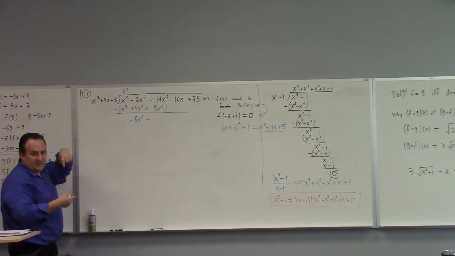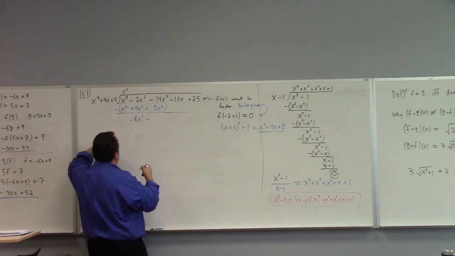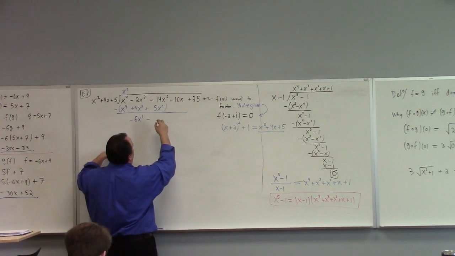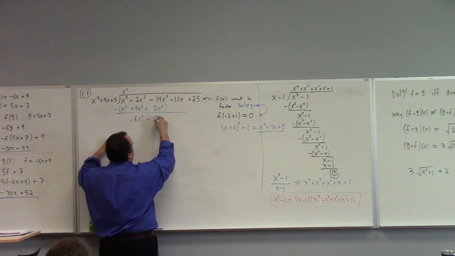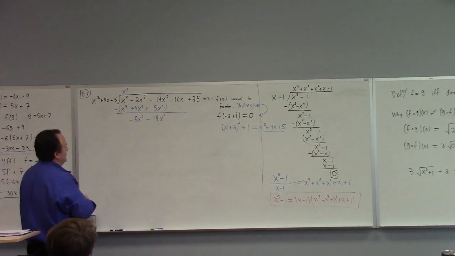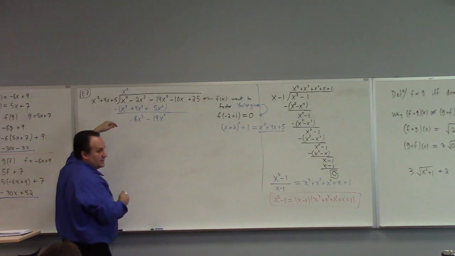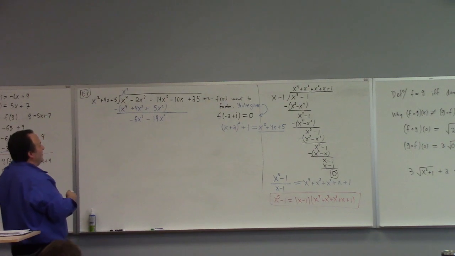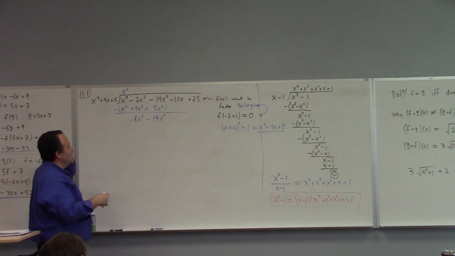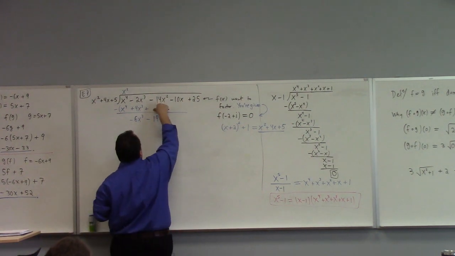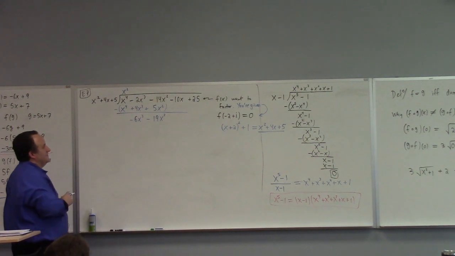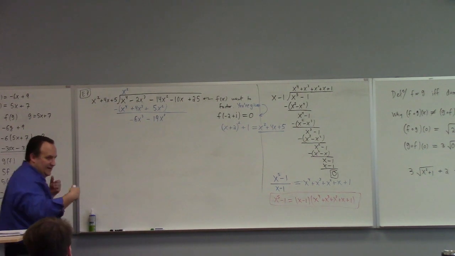Minus 14 minus 5 is minus 19, right? Oh, my brain. I read that as a 9. Oh, sorry, that's a 5. Well, I have been criticized for my 5s. And then I'll bring down the minus 10 and the 25, all right?